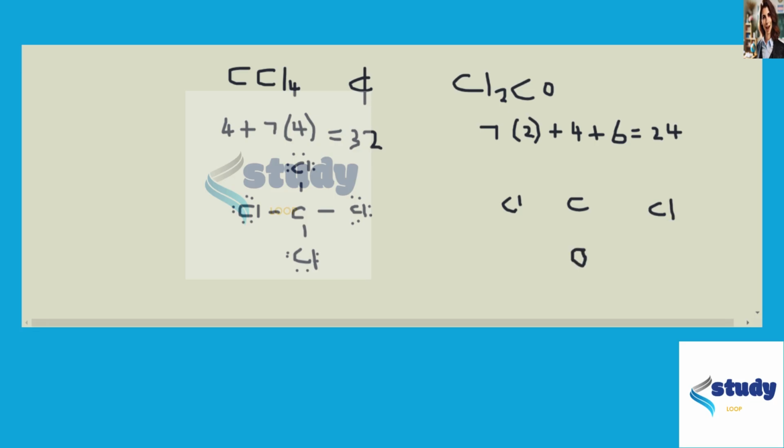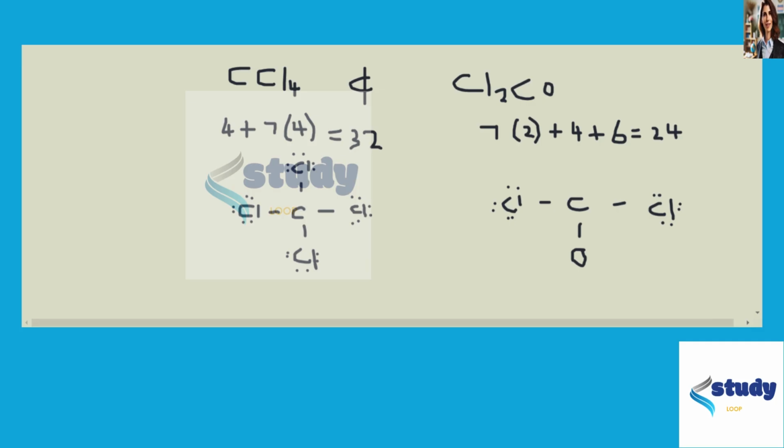Then the next step is to put down the pairs of electrons that form the bonds in between, using a straight line, followed by filling the octets on the outer atoms. So that's 2, 4, 6, 8, 10, 12, 14, 16.